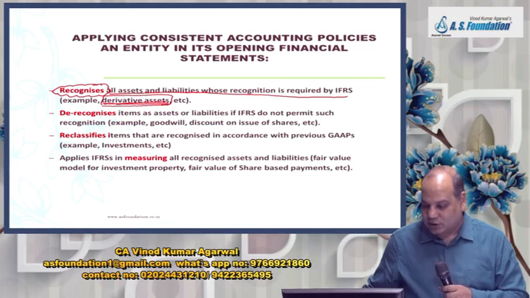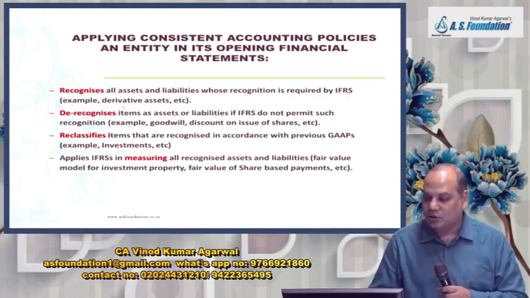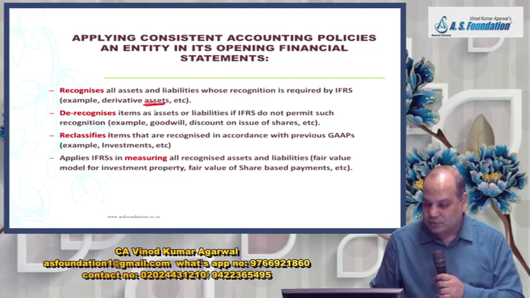But IFRS 9 says derivatives are also financial assets or financial liabilities. Okay. So it may not be appearing in the old set of books, but you may have to bring it into the books of account. So recognize all assets and liabilities whose recognition is required.